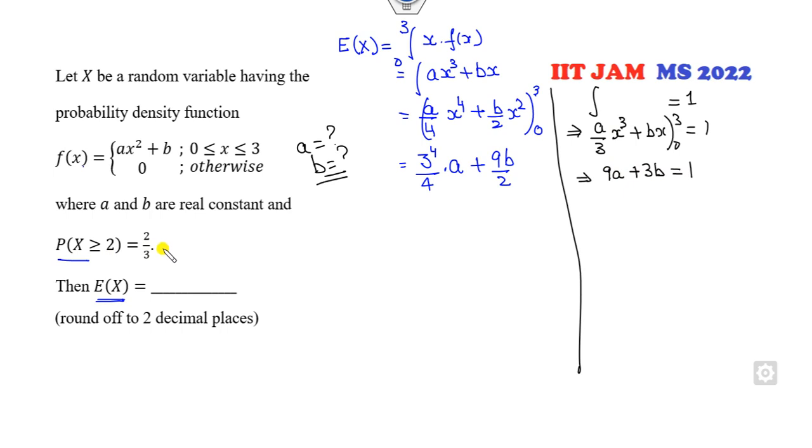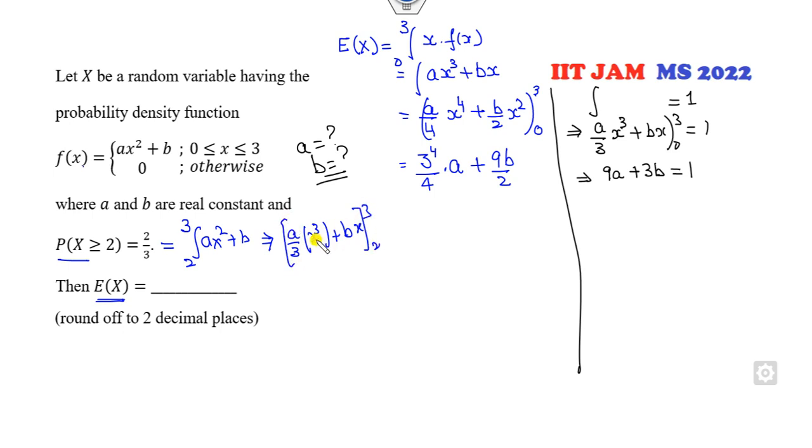Second case, the probability of this is 2 over 3. So integral from 2 to 3 of ax square plus b is 2 over 3. So what is that? a over 3 x cube plus bx from 2 to 3.